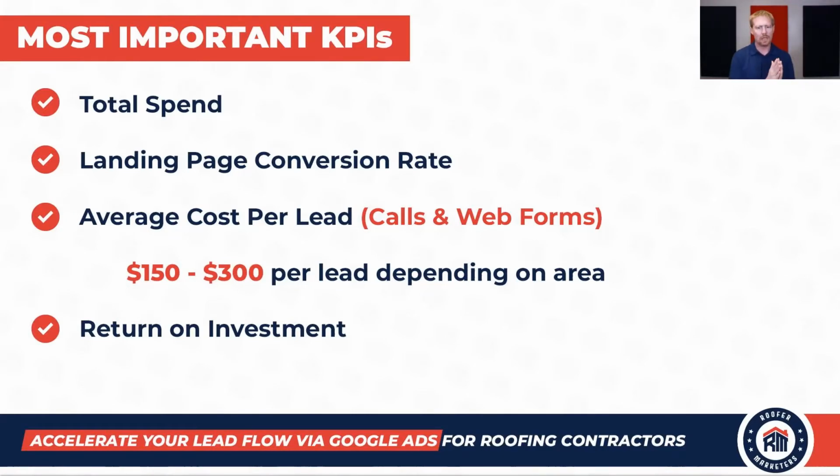And so when we're talking about your total spend, you have to have a good budget for pay-per-click, right? And when I talk about a good budget, to some people that's a variable word, right? It's very different from company to company, and what you can afford at your current revenue level, right?